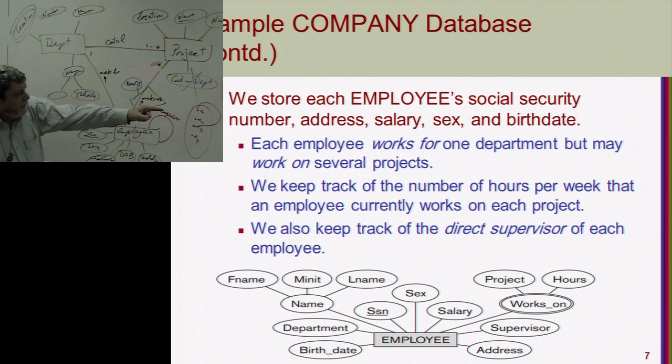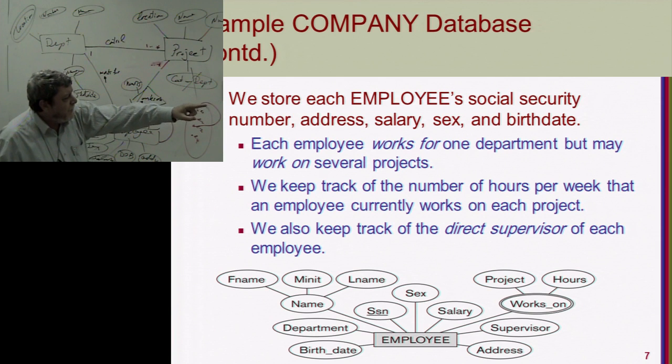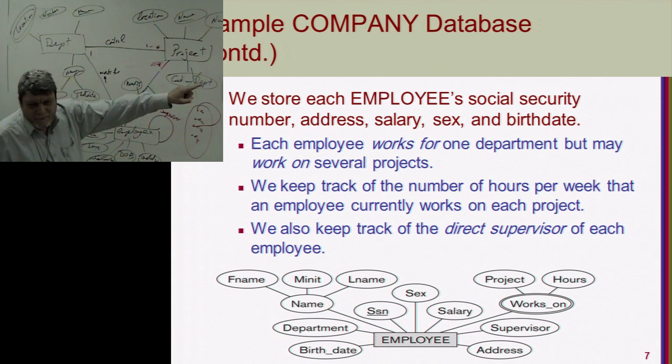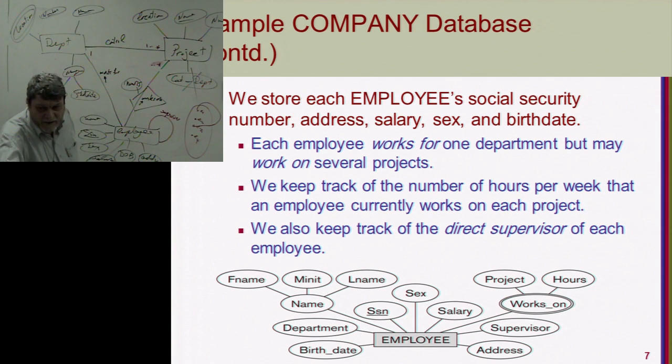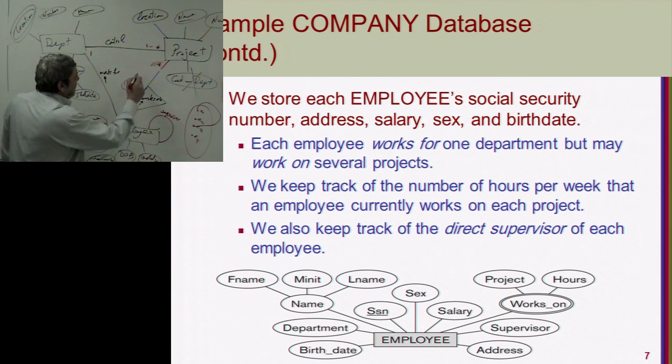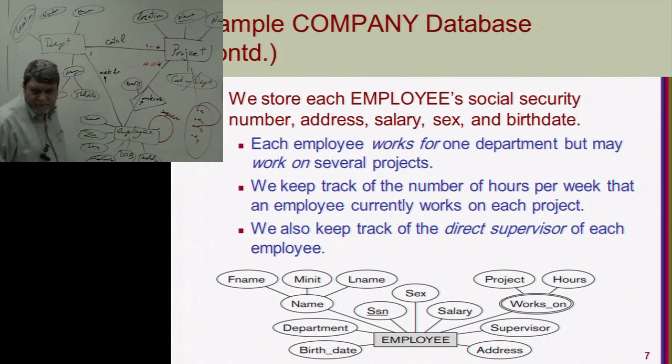Each employee works for one department, but may work... May. Zero. It may. Maybe there is a project, maybe there are no projects. So it might be 0 to many. Right?